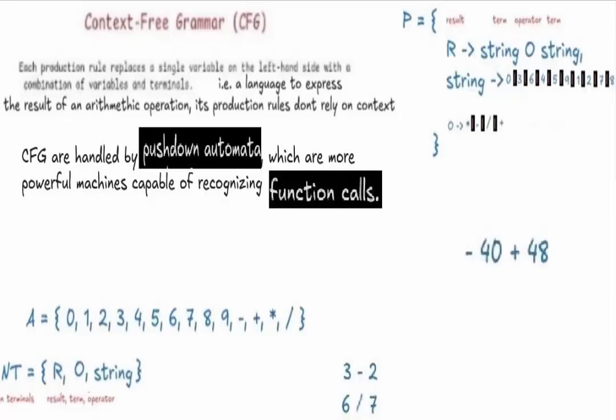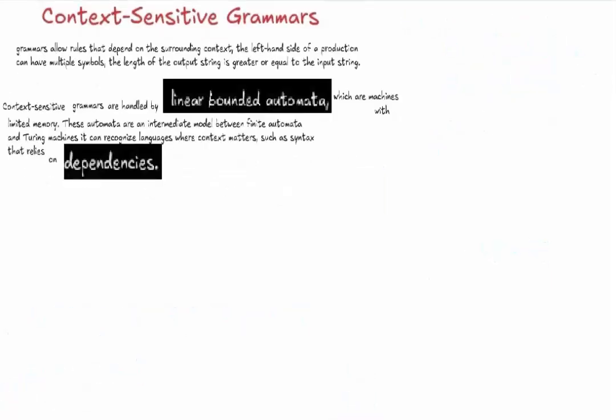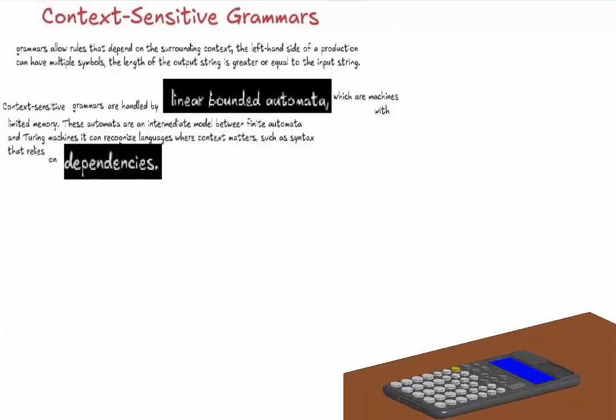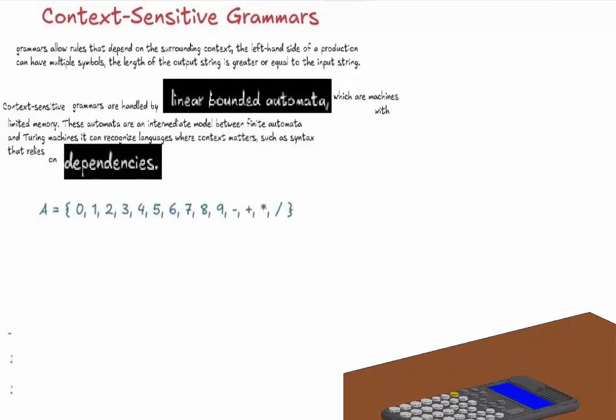For example, if we want to include negative numbers, we might need a prior transposition operation, a function call. The term dependency can describe a more advanced chain process, such as a professional calculator.